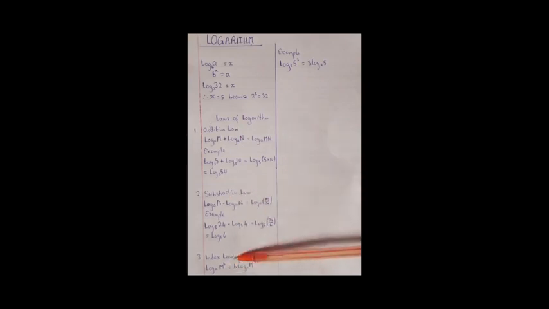So the next one is that the log of 1 to any base is always equal to 0. Assuming we have log 1 base 32, the answer is 0. This only applies if the base is not equal to 0.